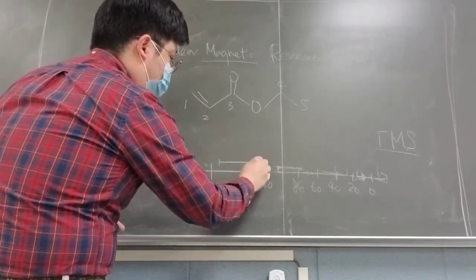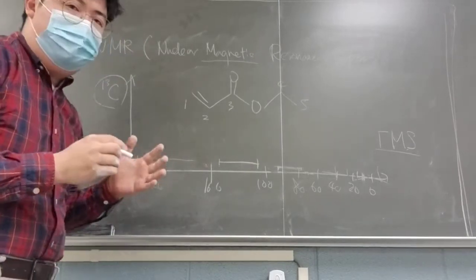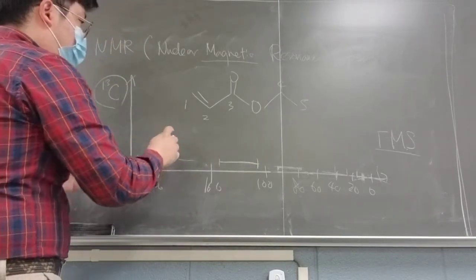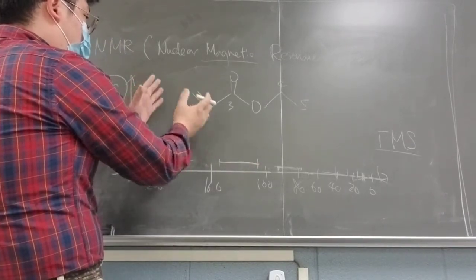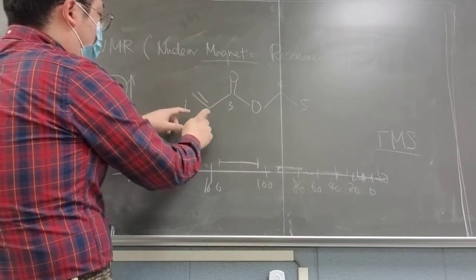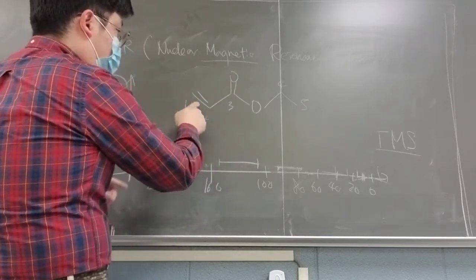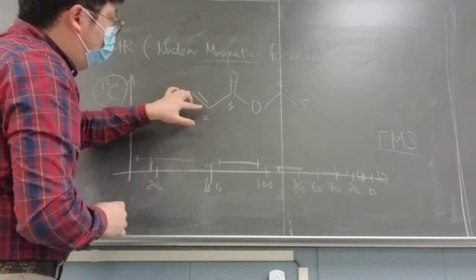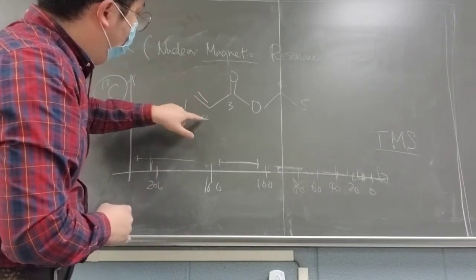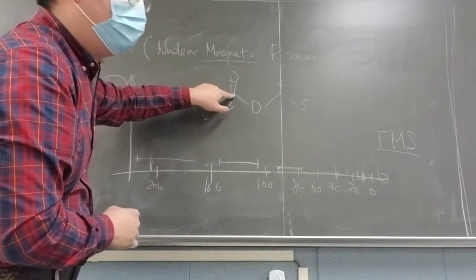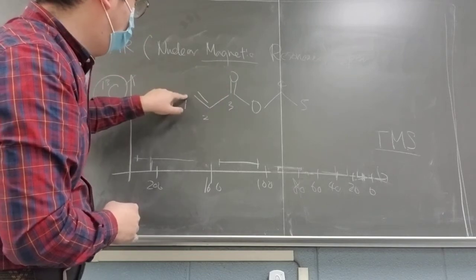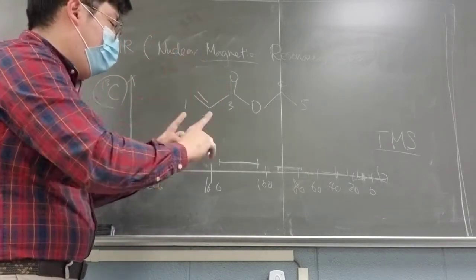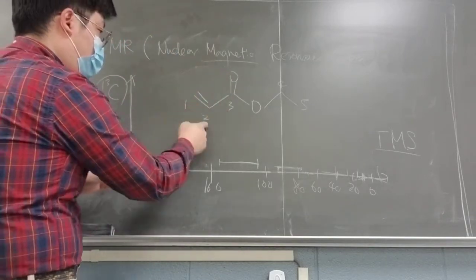Like I told you before, it should be somewhere between 150 and 110. I can see they're relatively close, but they are in 2 different environments. Even though they're in the double bond, this carbon is closer to the carbonyl group carbon and also oxygen than this one. So they will not be at the same position, but two signals, for 1 and 2.